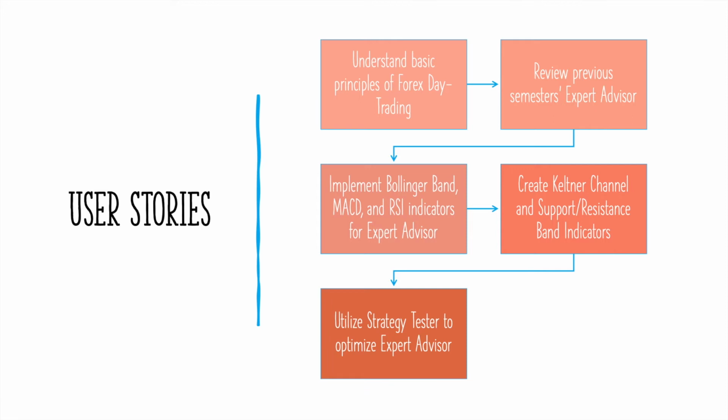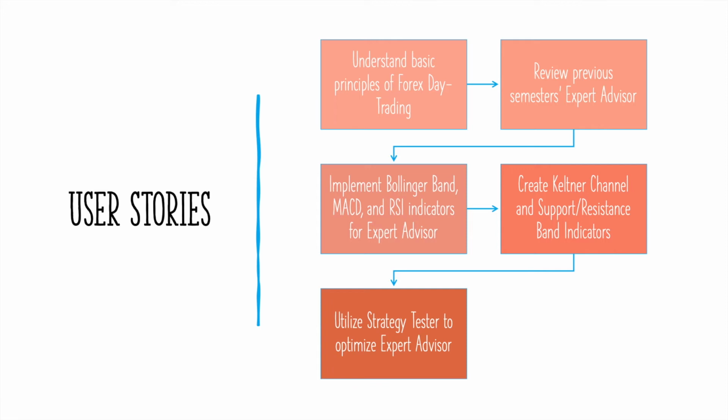So once we had an idea of how the previous semester's expert advisor worked, we went forward and implemented a Bollinger Band, the MACD, the RSI, and a few other indicators as well, such as the Keltner channel and the support resistance bands. Since all of these worked hand in hand, it basically was working throughout a course of like 45 days.